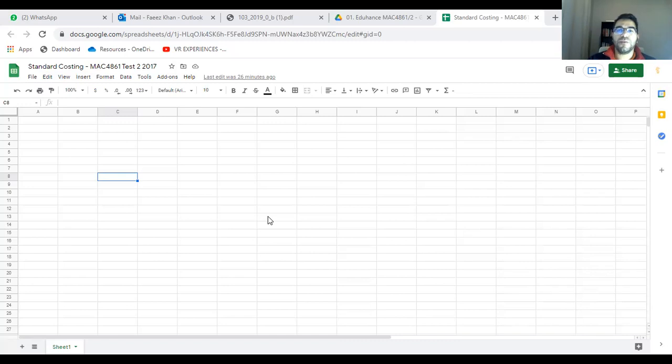And the next one is making sure you are alert to how they present the information, whether labor time is given in minutes but the price is given in hours. You need to do the necessary conversions. So that is the background of what you need to keep yourself aware of.